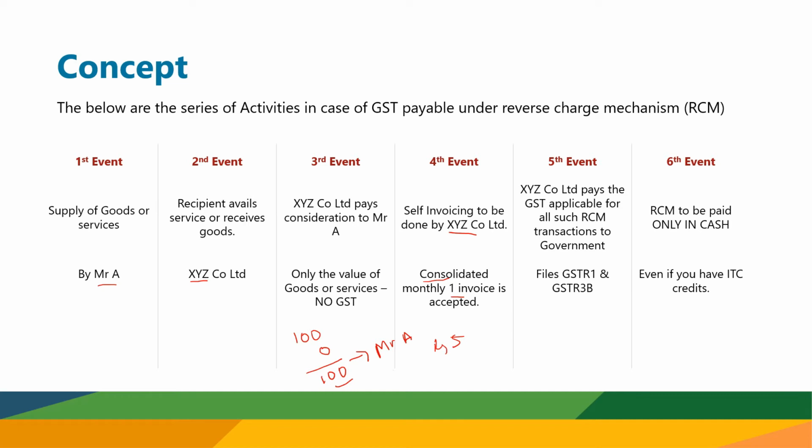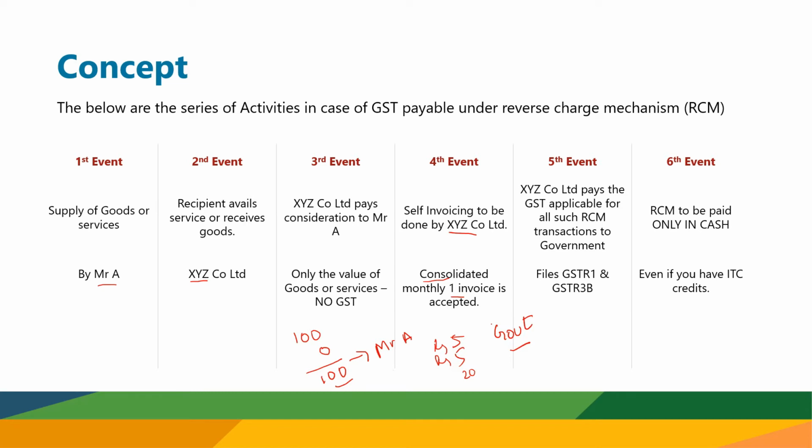Similarly, entire month there will be some specified transactions where he keeps aggregating like this, 5 and 20. That way he keeps aggregating, and at the end of the month he will be paying that sum to the government. So this is where I told you reverse charge mechanism.